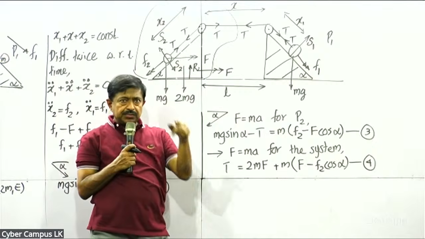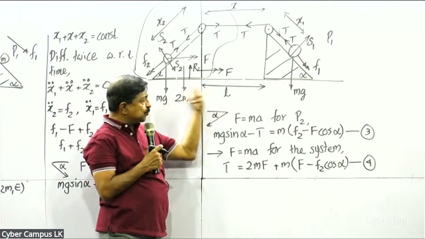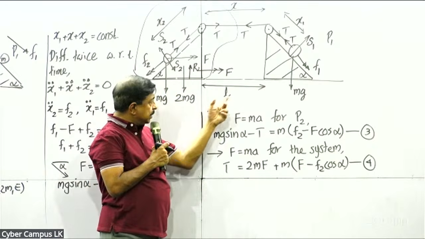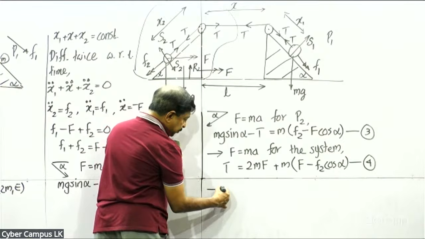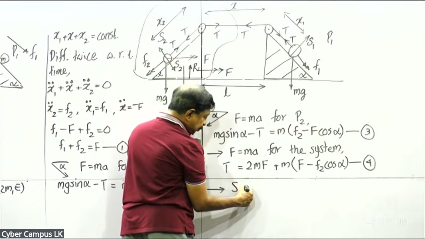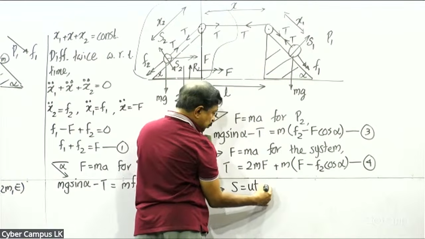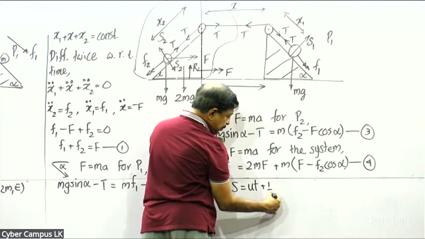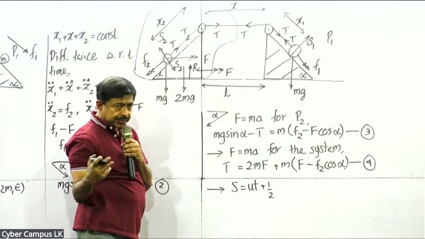So v squared is equal to u squared plus 2as. But in this case, we have to find the time. When the distance is given, you have to apply s equals ut plus half at squared. If you want to find the final velocity, sorry, apply v squared is equal to u squared plus 2as.